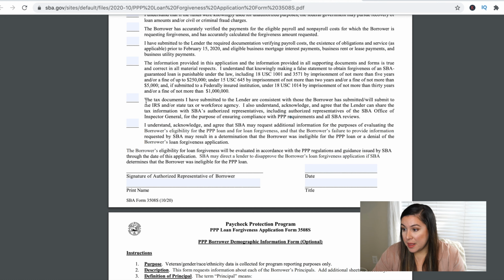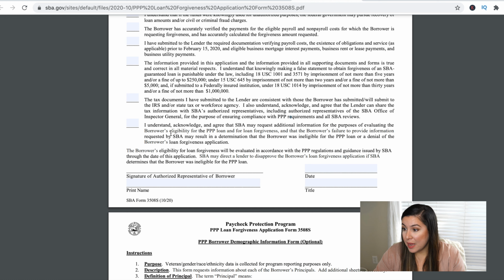And then it says, the tax documents I have submitted to the lender are consistent with those the borrower has submitted and will submit to the IRS and or the state agencies. I understand, acknowledge, and agree that the lender can share the tax information with SBA authorized representatives.